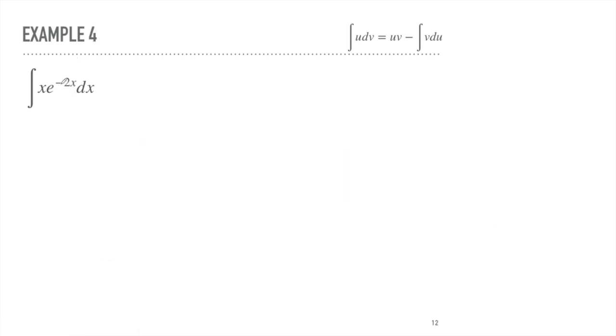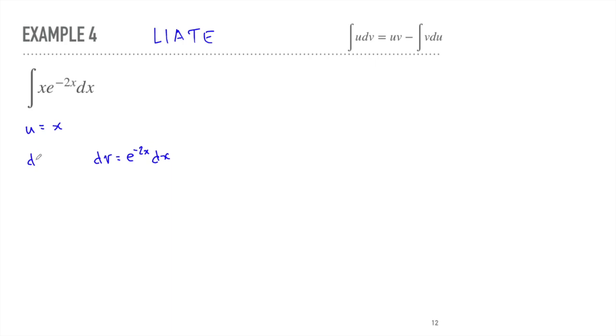Third example. Paano tayo pipili ulit ng u? Ano yung unang lumabas? Clearly, yung e to the negative 2x, exponential siya. And x is algebraic. So, ang u natin ay x. Ang dv natin, lahat ng natira, e to the negative 2x dx.